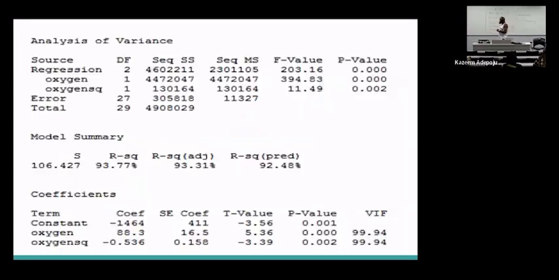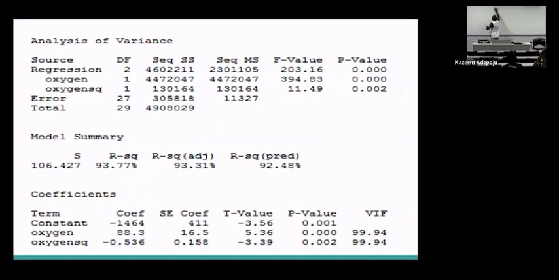Now let's show the output. When you fit the polynomial, I need you to pay attention to something. Do you see VIF? VIF is what we call variance inflation factor.